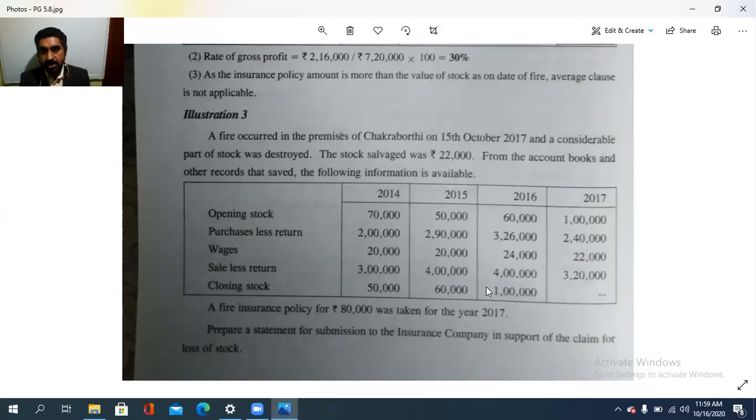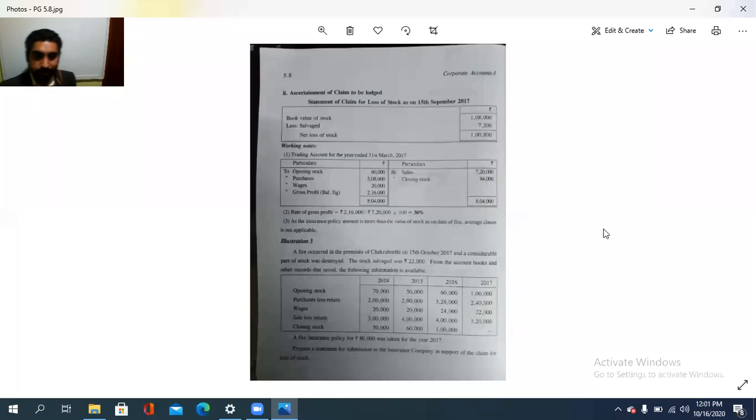So the fire happened on 15th October 2017, and we need to prepare the memorandum trading account. Let us look at how it is to be done. Before preparing the memorandum trading account of 2017, we need to prepare the 3 years' trading accounts, because here we need to calculate the gross profit on sales.